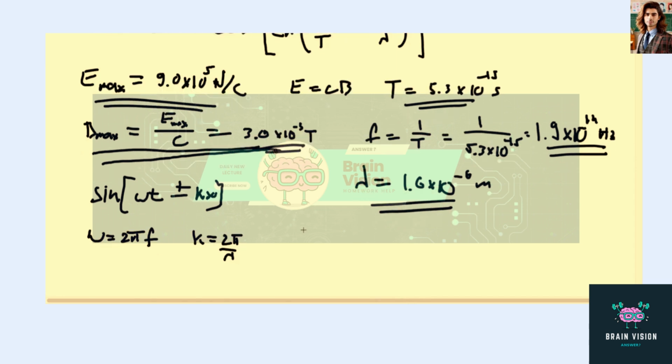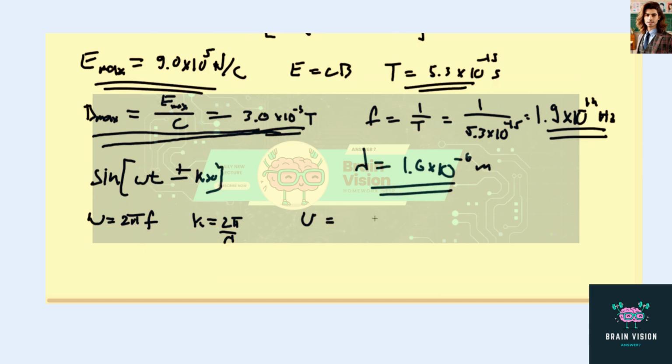And then, just like for any wave, we can use the wavelength and the frequency, or the wavelength and the period, to find what the speed is. And the speed of the wave is given by lambda times f, or equivalently lambda over T. And so this is equal to 1.6 times 10 to the minus 6 meters times 1.9 times 10 to the 14 hertz.